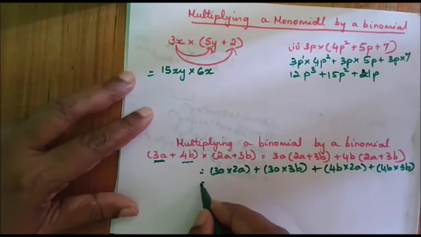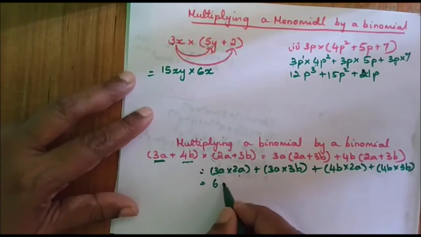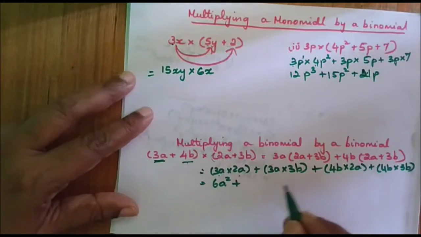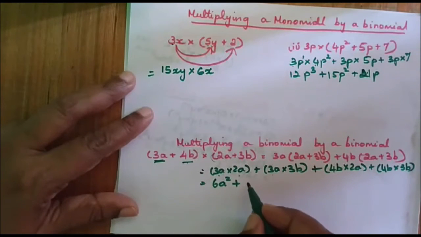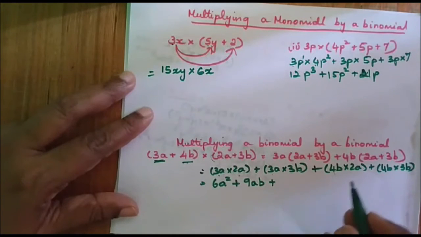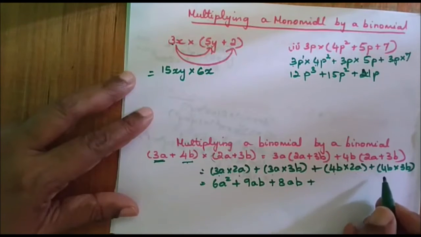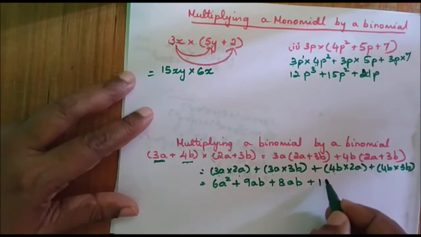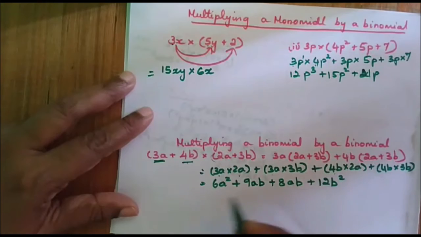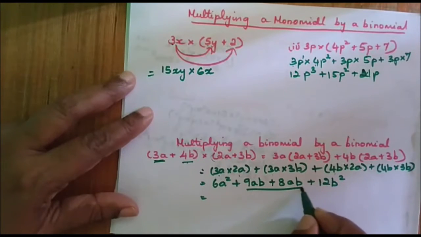So what do we get? 3a into 2a is 6a squared, plus 3a into 3b is 9ab, plus 4b into 2a is 8ab, plus 4b into 3b is 12b squared. Now these are the like terms, isn't it?